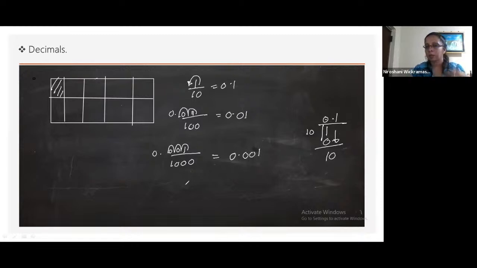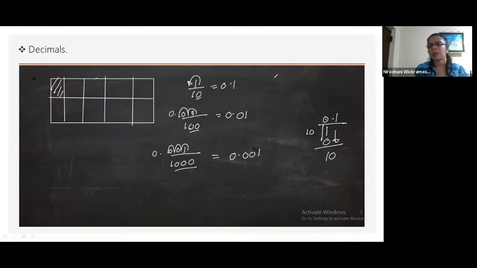Even if there are 4 zeros at the denominator, the decimal place moves back 4 places. According to the number of zeros at the denominator, you can decide the movement of the decimal place at the numerator. 1 place, 2 places back, 3 places back.